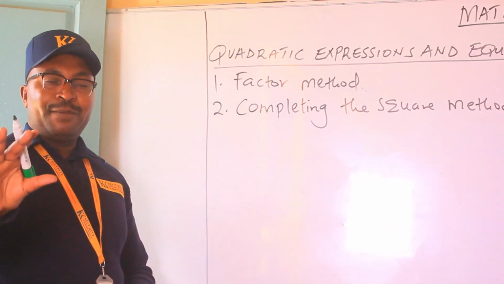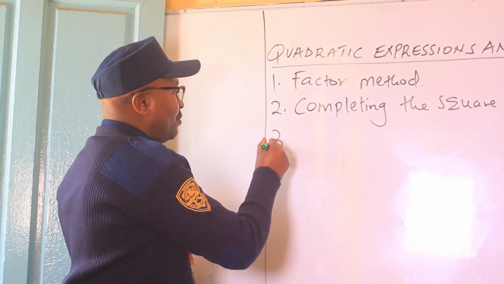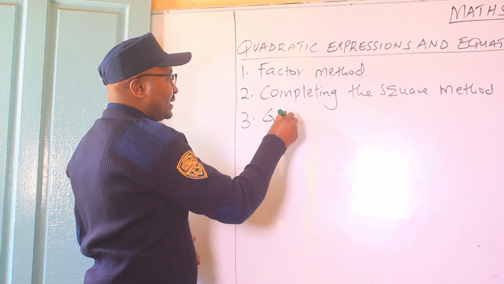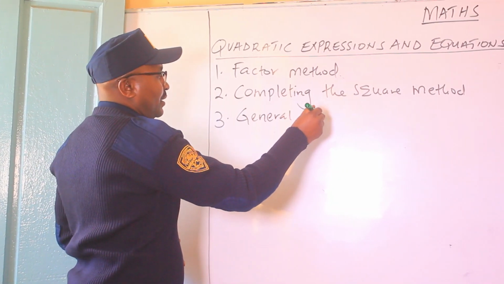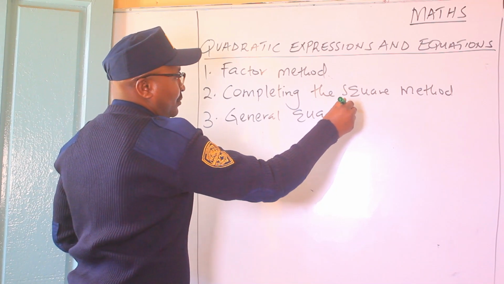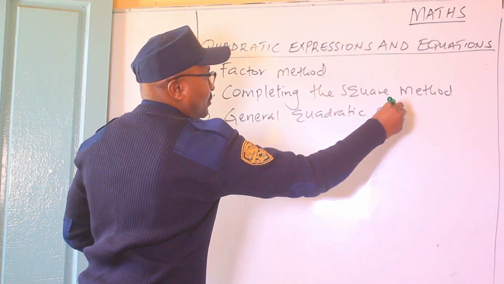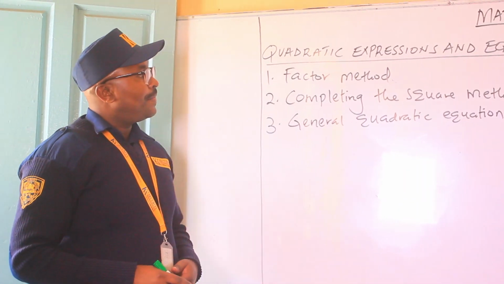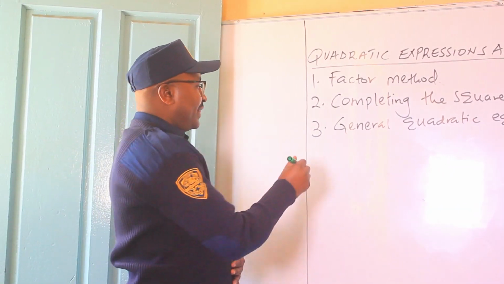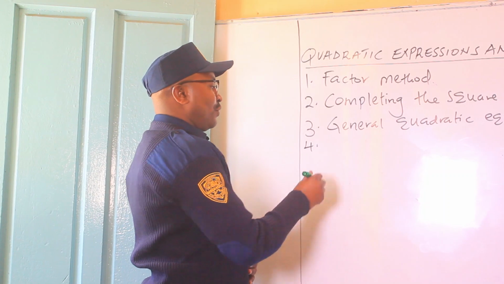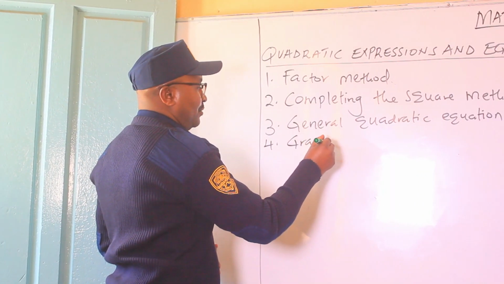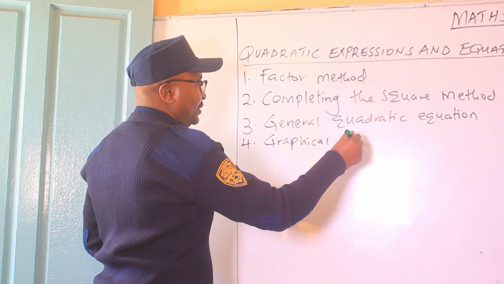And then, number 3, you can also use the general quadratic equation formula to solve a quadratic equation. And then number 4, you can use the graphical method.